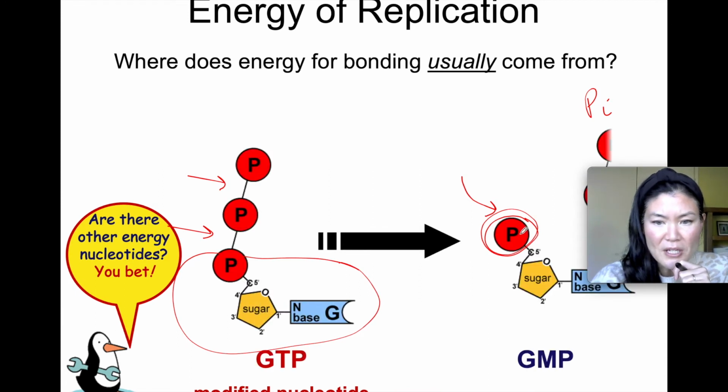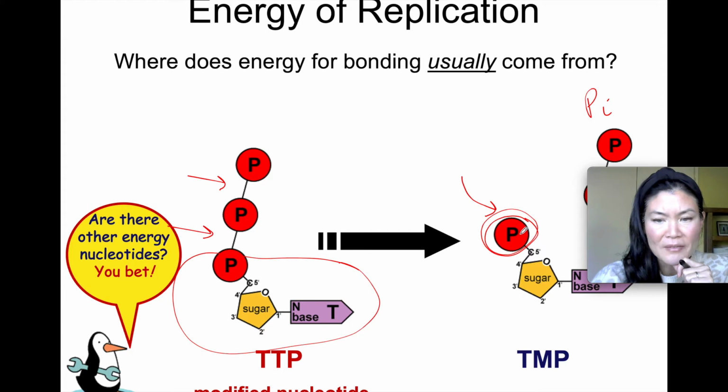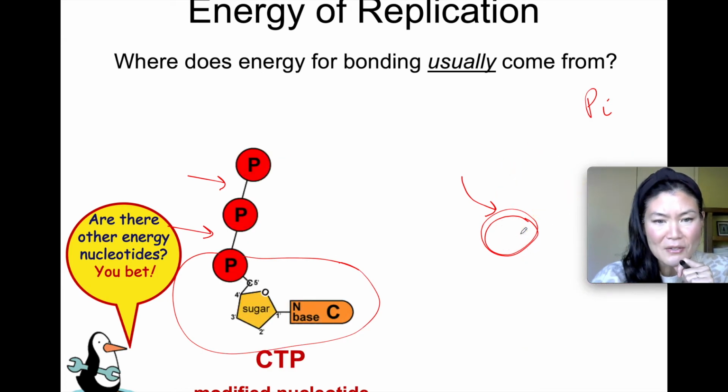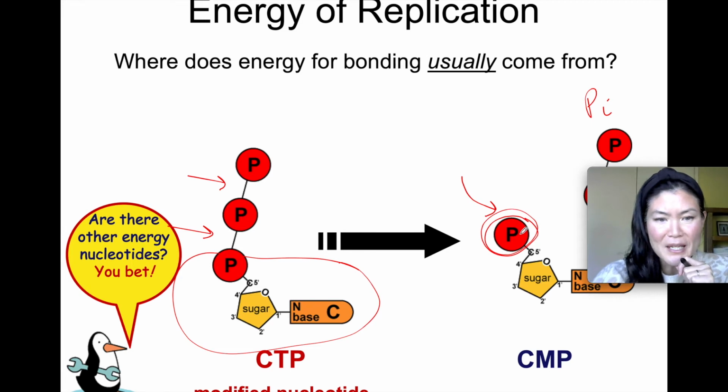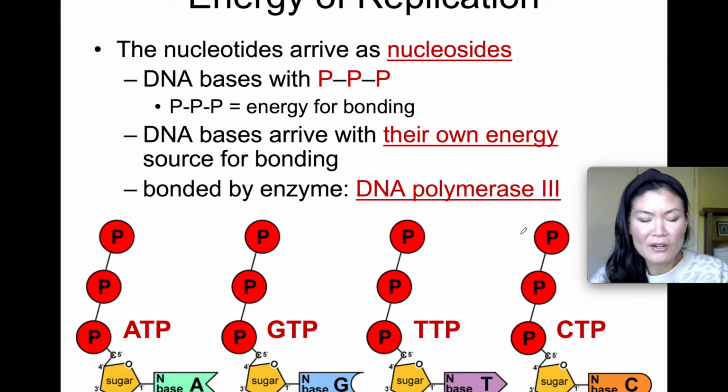So yeah, there's GTP. It's not just ATP. There's GTP, TTP. There's CTP. Okay, you know, we did talk about that in class, how there are other nucleotides that can provide energy. It just so happens that ATP is the most utilized in a cell as a source of energy.